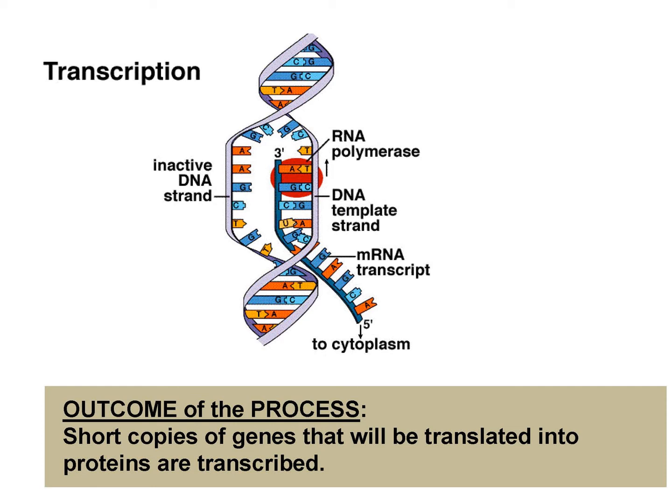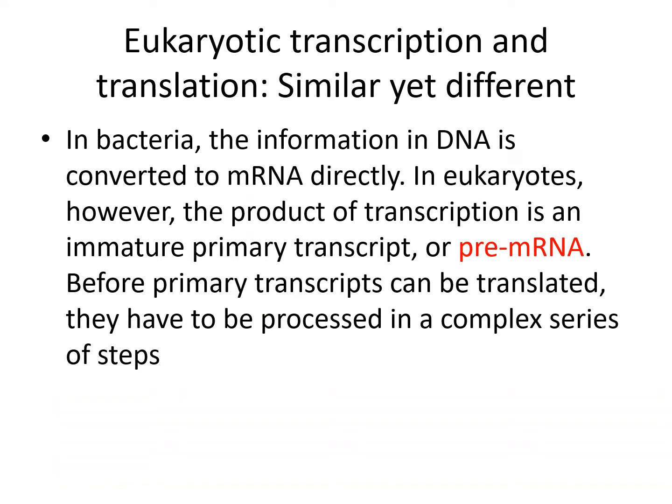By the time the termination occurs, the prokaryote transcript would already have been used to begin synthesis of numerous copies of the encoded protein, because these processes can occur concurrently in bacteria. The transcription and translation process in eukaryotic cells is a little bit different from the process in prokaryotic cells.